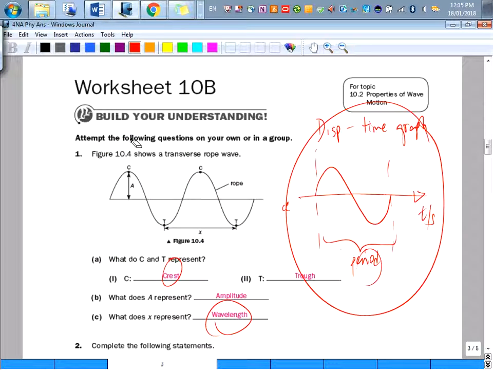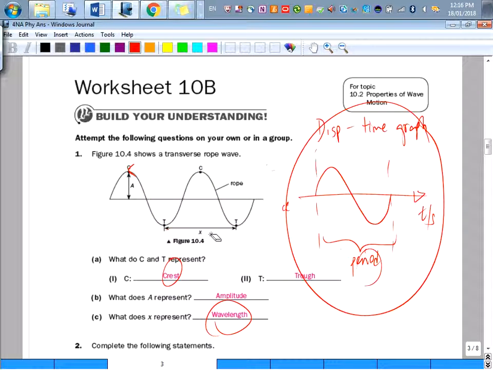Okay, quick recap. Since we say that this distance x equals the wavelength and we use this symbol to represent it, lambda, can you tell me what is the distance over here? Is it also lambda? Yes, it is one complete wave. If you repeat this red colored portion over and over again, you will get the complete graph.